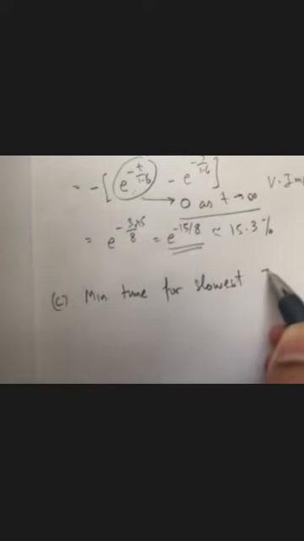Now, part C is a different type of question. Here, what is the minimum approval time for the slowest 5% of transactions? So minimum time for the slowest 5%.